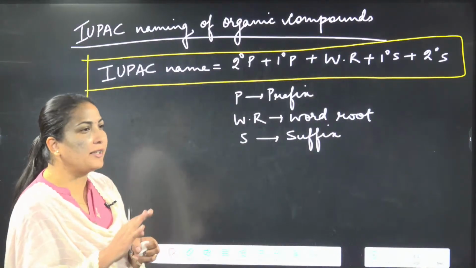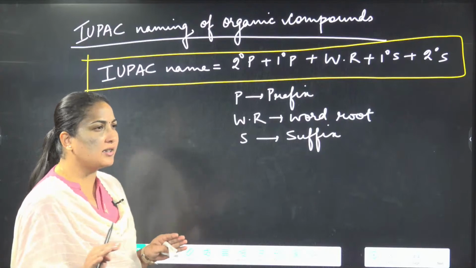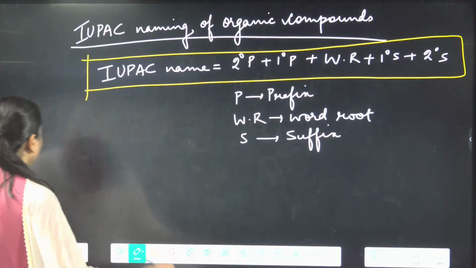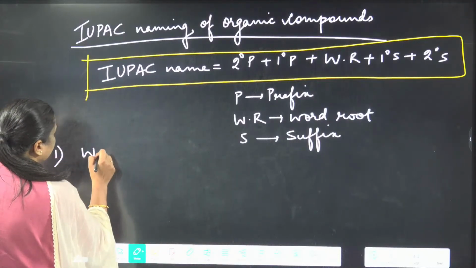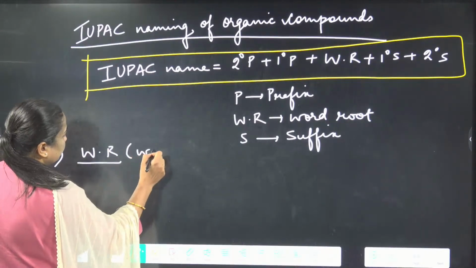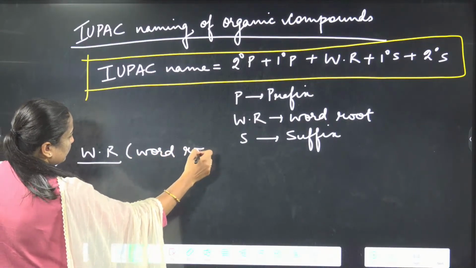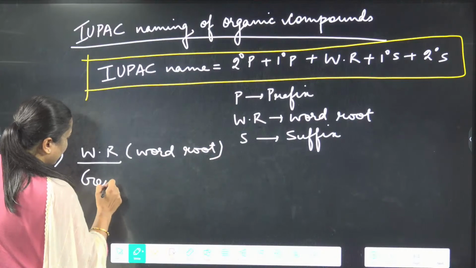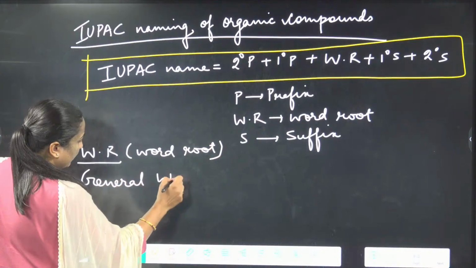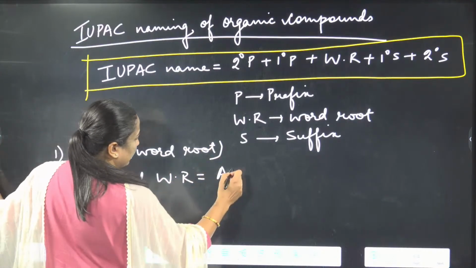So we are just going to write it quickly because all of these things you already know, right? So first one is word root. Now we must know that the general word root is alk.